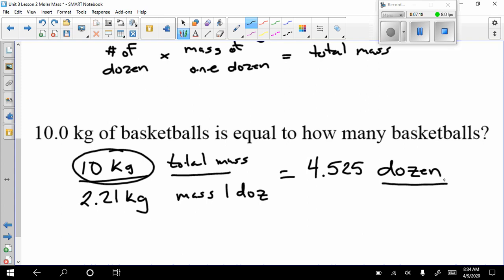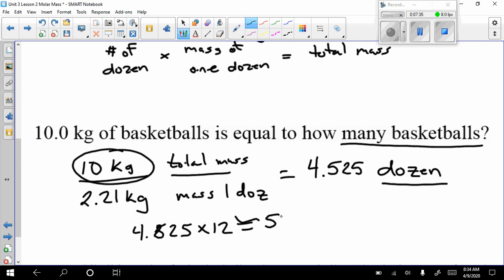And it did ask me how many basketballs, and didn't say how many dozen basketballs, so I would just take that 4.525 and multiply it by 12, because I know that there are 12 in a dozen. And when I do that, I would get approximately 54 basketballs. Now, there is a decimal that goes with that, but obviously you can't have part of a basketball, so maybe there was some error somewhere. But I think a pretty good estimate is I would have 54 basketballs.